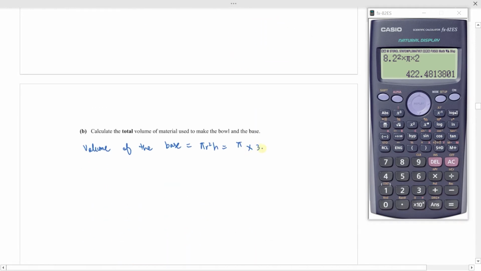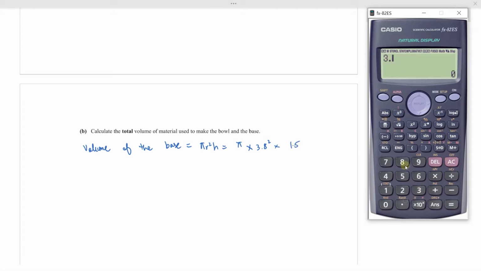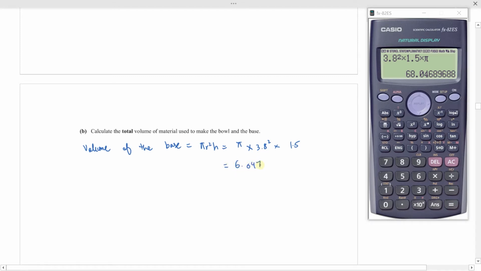So 3.8 square into 1.5 into pi. So this is 60.047 centimeter cube.